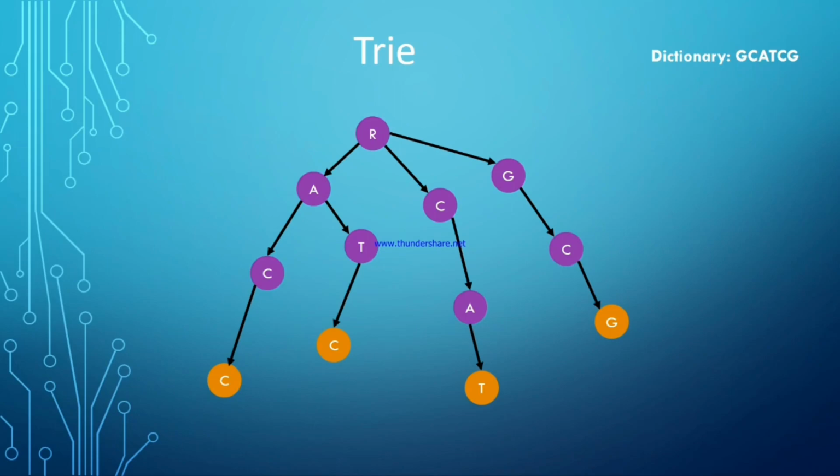Yes, root can find G. And G will search for the dictionary's second element, which is C, and G will find C. And C will search for the dictionary's third element, which is A. But the interesting thing is this C cannot find A, because our second step is G and this is our final step. So this tree only works on successful links, not failure links. So we will make failure links in the next slide.